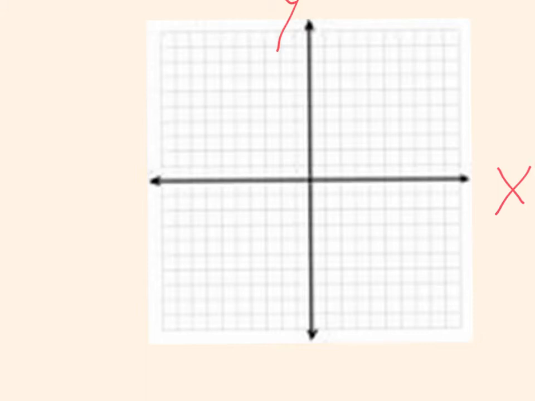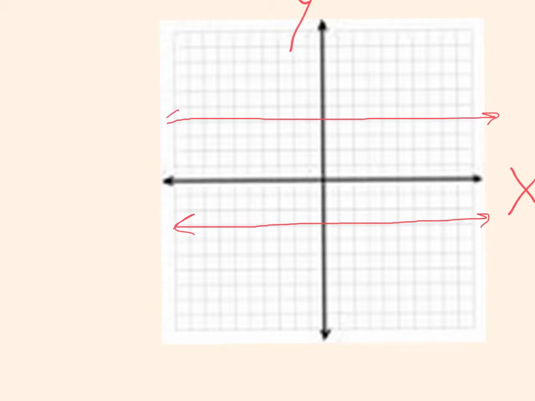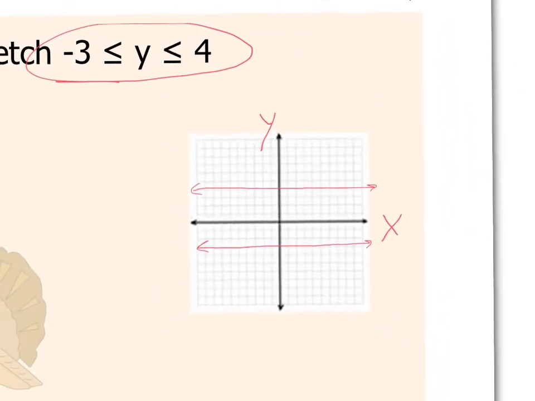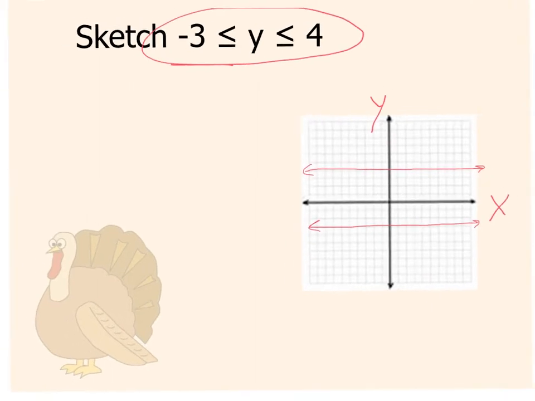Well, y equals -3 is down here. y equals 4 is up here. And as I zoom back out, I want the y values that are in between those two.